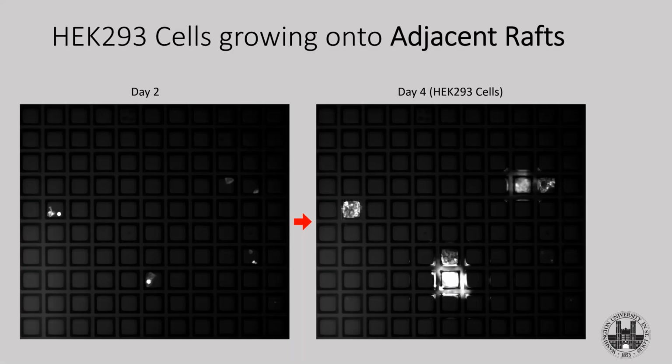And I'll just show you an example from yesterday. We were just doing this, and I said, hey, grab me a picture where you can see this. And so here's at day 2, you can see, starting out with small cell numbers, and then over time, this happens to be only by day 4, you get these HEK cells growing out of a single raft onto an adjacent one.